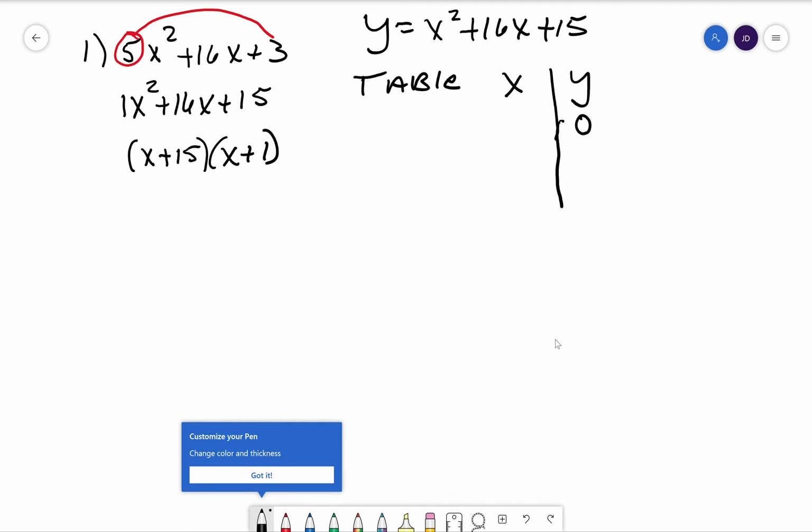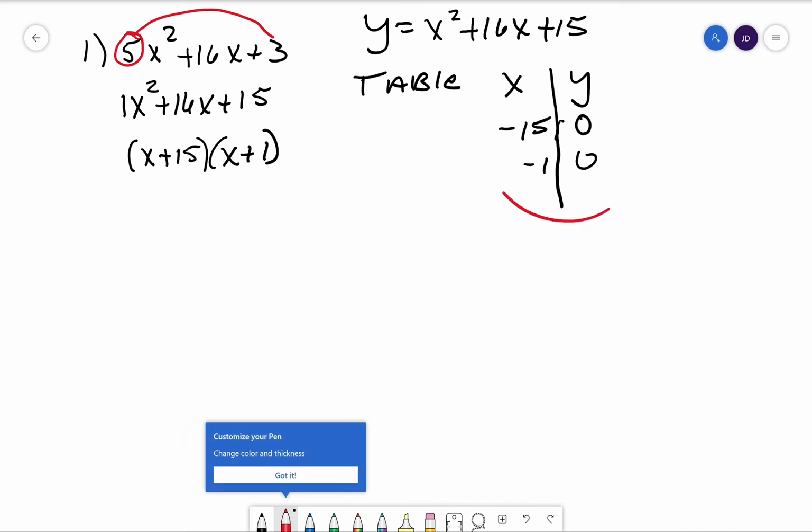And there's going to be a 0 at negative 15, and there's going to be a 0 at negative 1. So when you take that negative 15 and that negative 1, then you just change the signs when we're factoring it, to x plus 15 times x plus 1. That's if you want to do it this way. If you want to do it this way, you can.